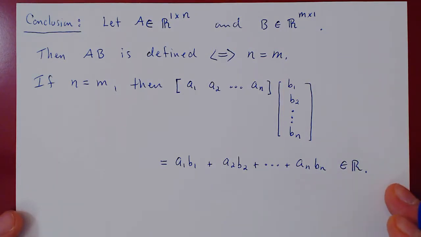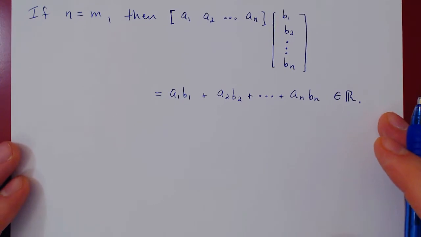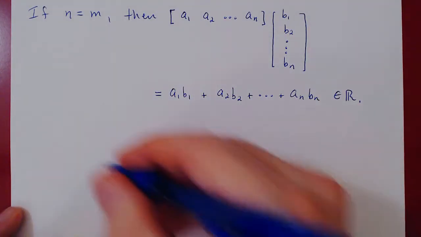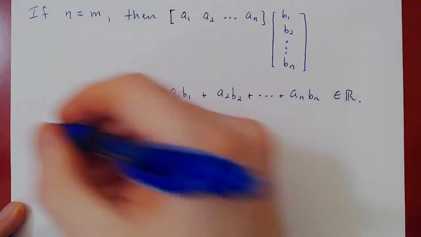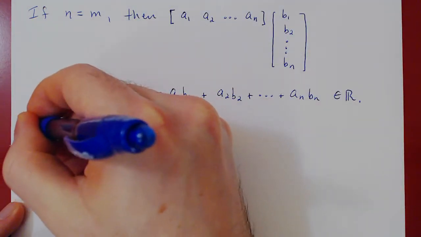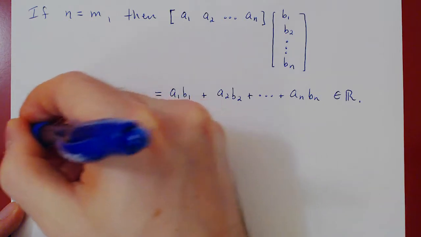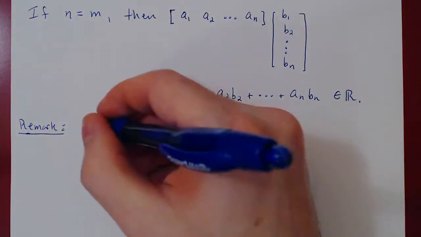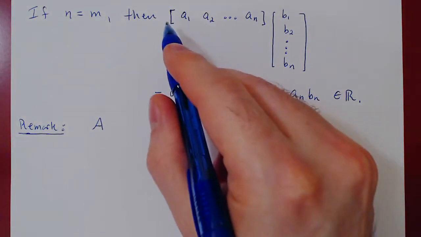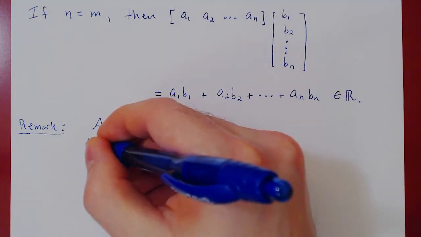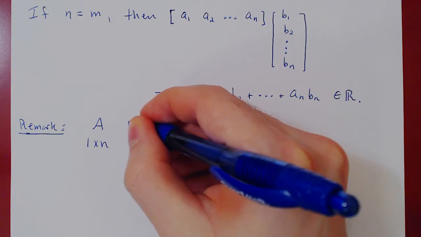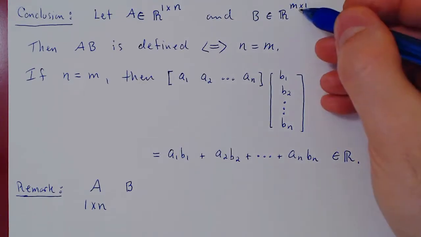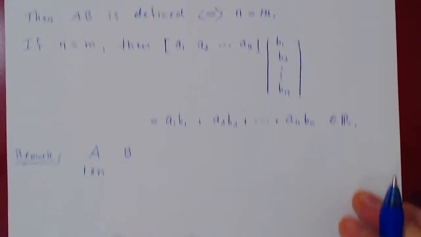One last little observation. If you look at the size of our two matrices, right, this is matrix A, this is matrix B. This is simply a small remark. So A is a 1 by n matrix, and B initially, if you go back, was an m by 1 matrix.